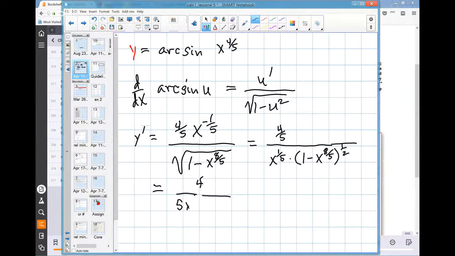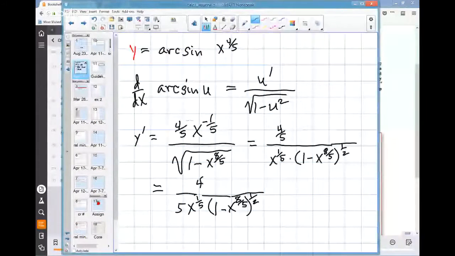So on the bottom we've got 5 x to the 1/5 times 1 minus x to the 8/5 to the 1/2. All right. Or maybe I'd even be better off if I put everything on the top.